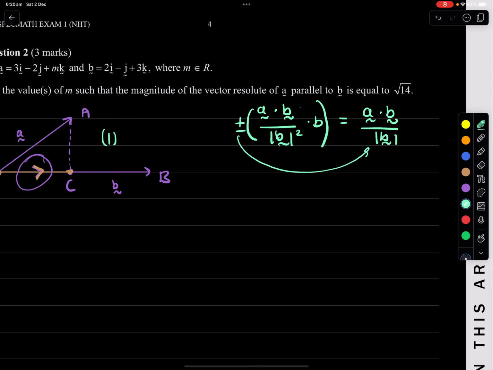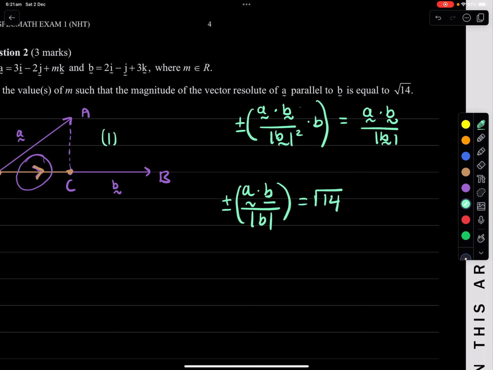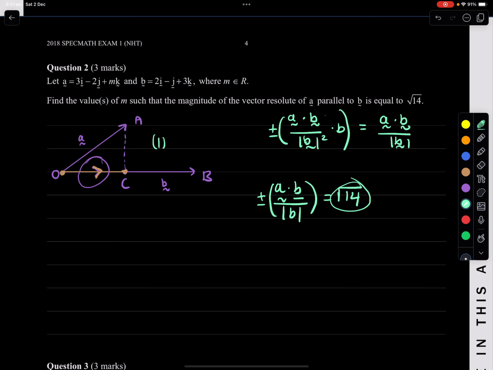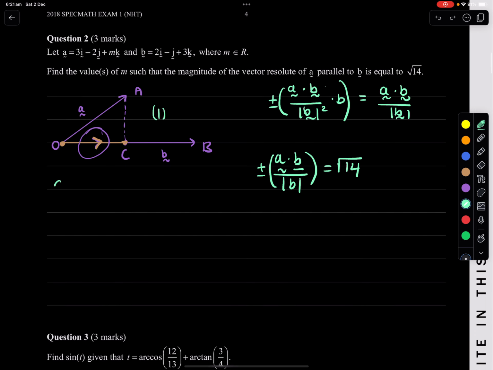And if I bring this plus or negative here, A dot B, plus or negative, is equal to root 14. So your scalar resolute plus or negative, because we can have two cases, is equal to root 14. Now we can bring those plus or negative over here to make our life easier. So your actual scalar resolute, A dot B, is equal to plus or negative root 14.